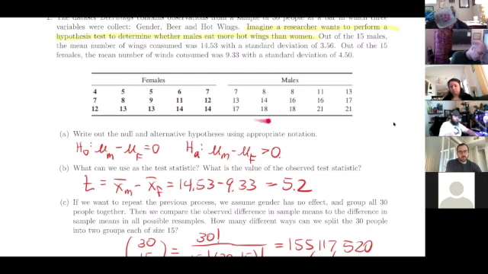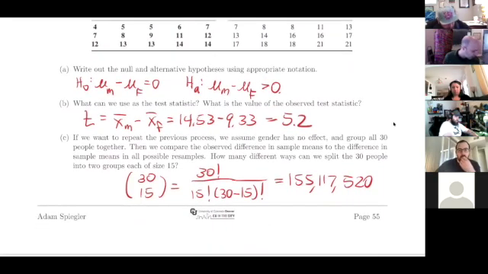I could add up all of these values, take their average, and that comes out to 14.53. We can calculate these in R in a moment. Then for all 15 females, their average was 9.33. So that's a difference of a little over 5 wings. We can ask whether that is a reasonable difference, or whether it seems significant.